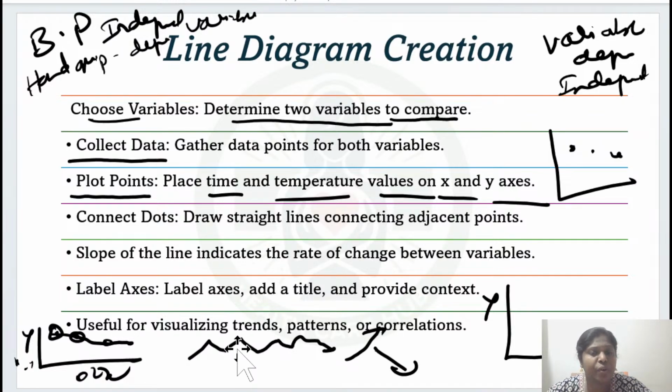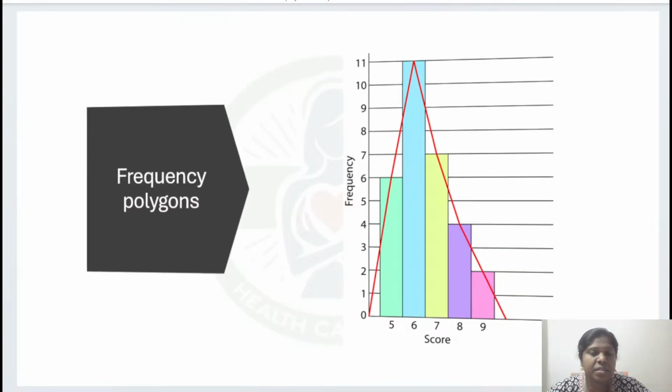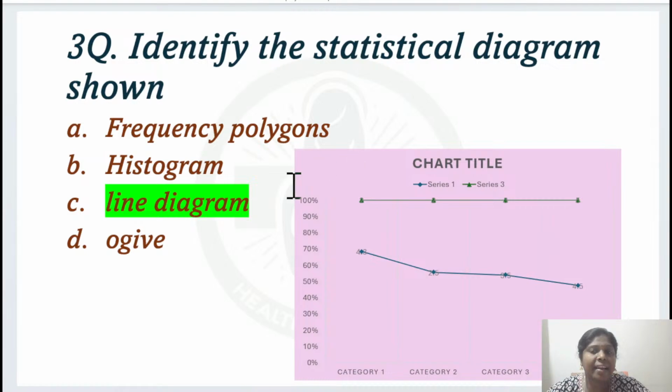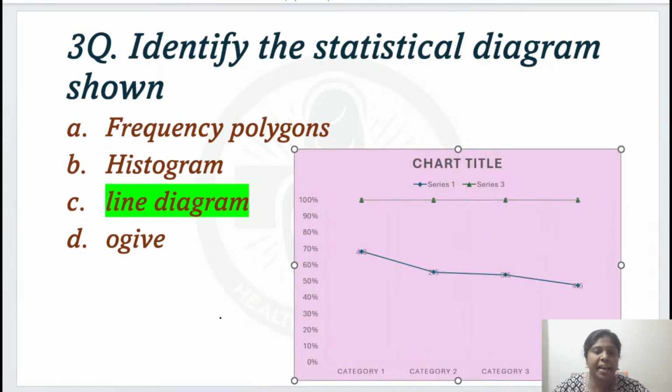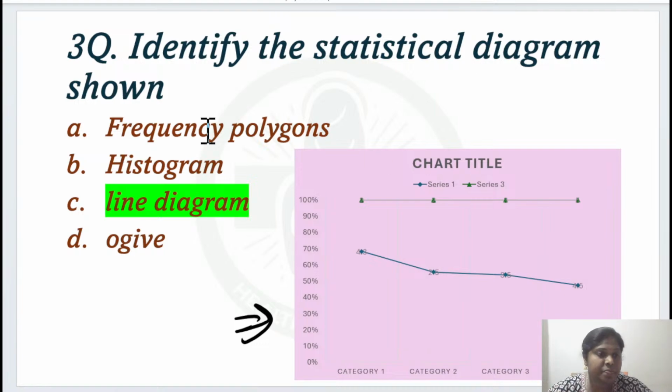It is mainly useful for visualizing trends, patterns or correlation. So this diagram we see here is a line diagram.